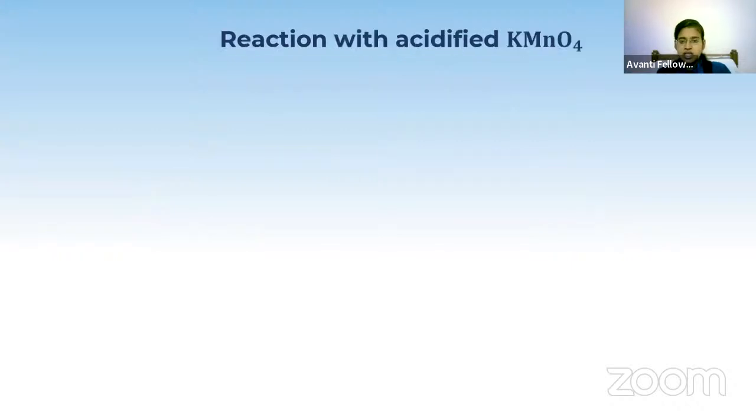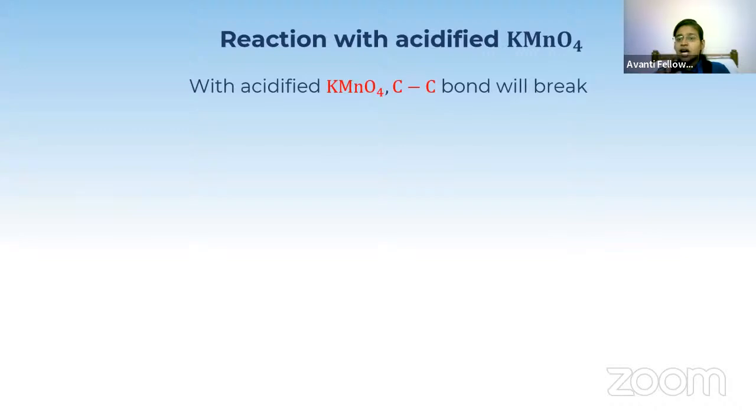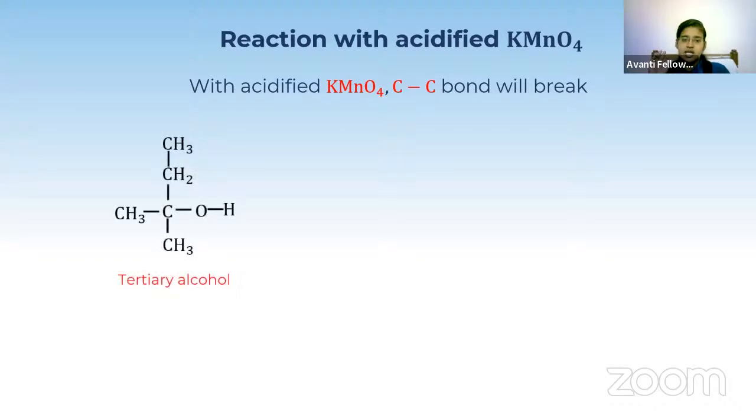So let me take the acidified KMnO4 reaction first. When acidified KMnO4 is used, what will happen? The carbon-carbon bond will break. Let me take a tertiary alcohol. This is the example for tertiary alcohol where I have only the COH linkage, and all the other 3 parts are alkyl groups.